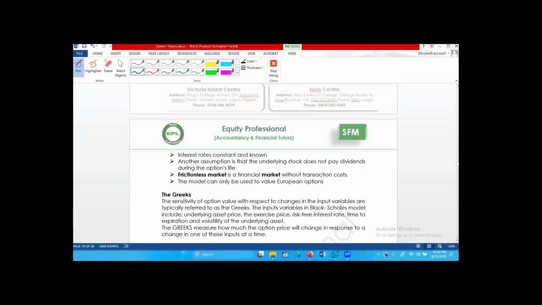Then it is assumed that the model cannot be used for American option contracts.